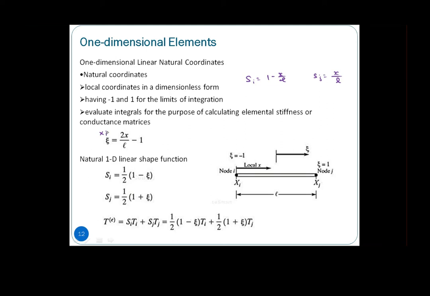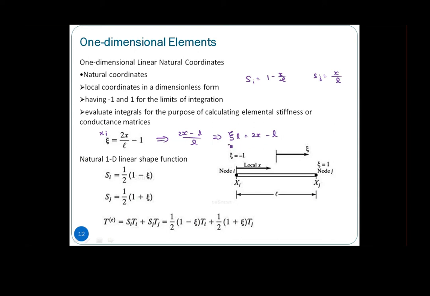If you rearrange this, it becomes 2x minus L over L. Then xi L equals 2x minus L.